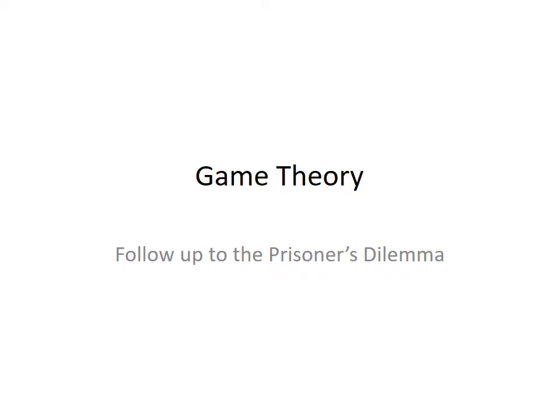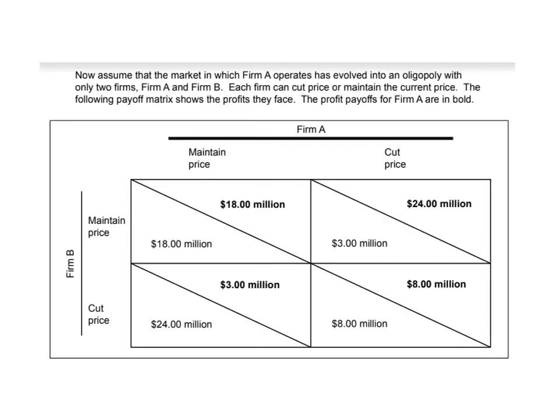Okay, so following up this prisoner's dilemma. This was an IB question, and students were presented with this table. We have firm A and firm B. Now assume that the market in which firm A operates has evolved into an oligopoly with only two firms, firm A and firm B. Each firm can cut price or maintain the current price.